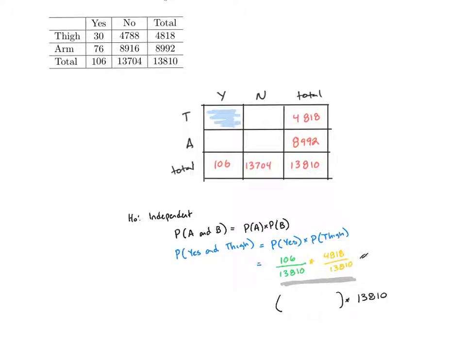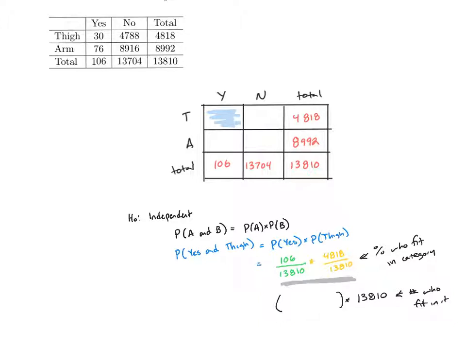That is, if this is the percent who fit in this category, this will give me the number who fit in it. And that's because I'm taking a percentage times the overall total.